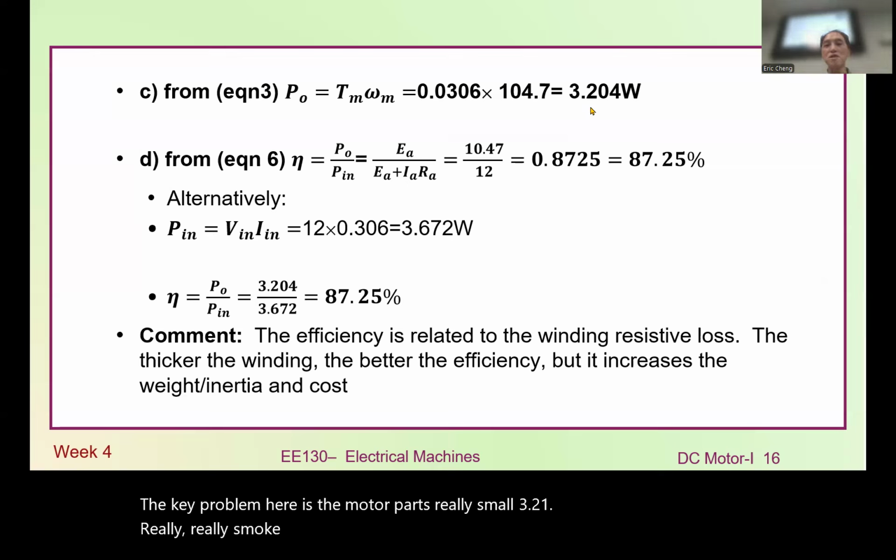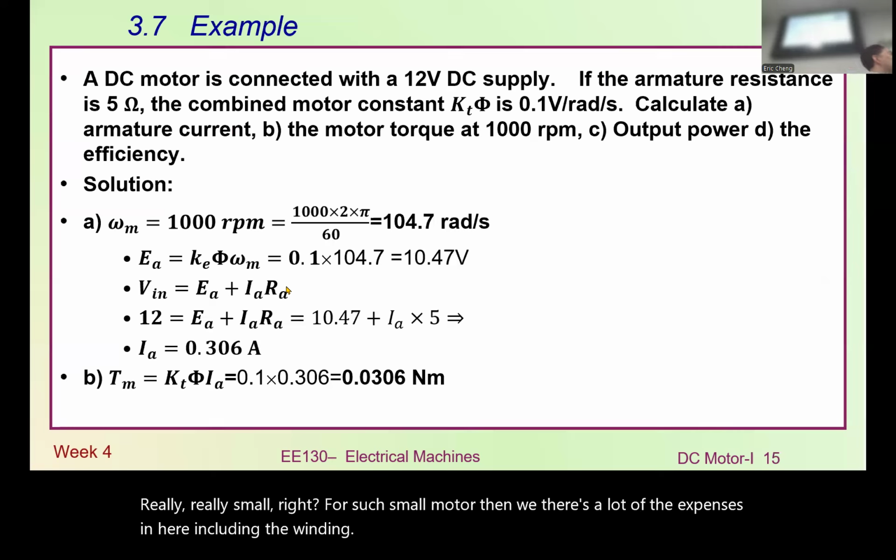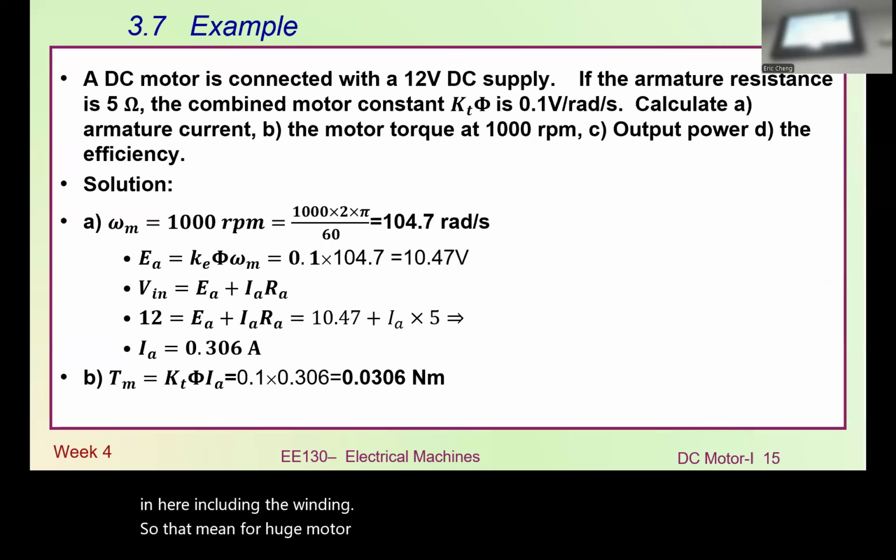For such a small motor, there are a lot of expenses, including the winding. For a huge motor, like an electric vehicle motor of 100 kilowatt, the efficiency is usually really high. For those small motors, 3.2 watt, more like toy motors, simple motors, the efficiency usually is not very good. So 87% is sensible.